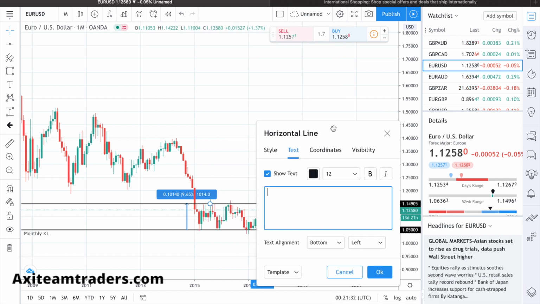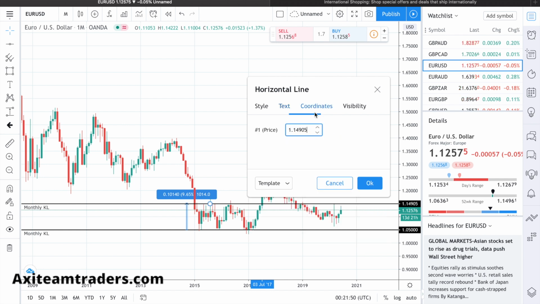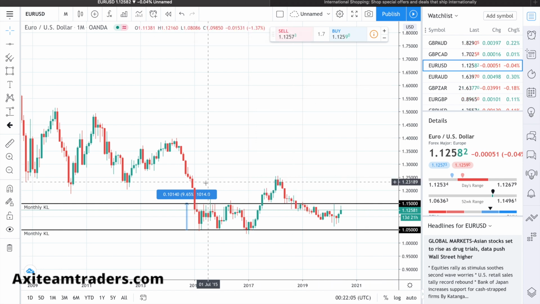So we're going to edit the coordinate. Let me write the name, monthly key level. So it will be 1.5. Yeah, 1.5. So it's actually a 1,000 pip range.